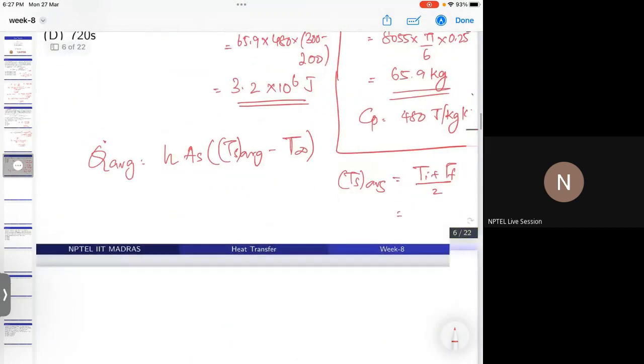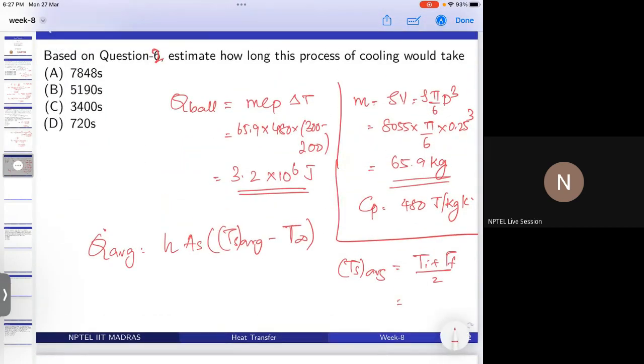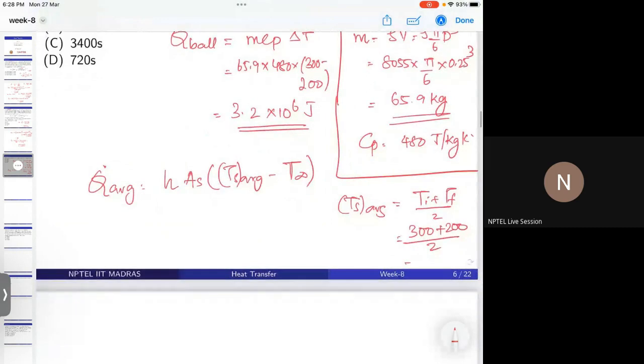But here we can make a simple estimation of Q dot average. If you want more accuracy, you can do that analysis as an exercise and find the difference between this Q average and the actual transient heat conduction. So it's 300 plus 200 by 2, so it becomes 250.